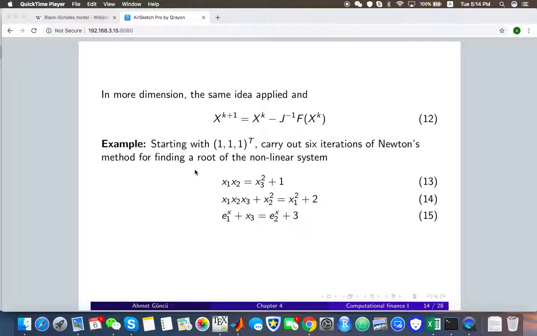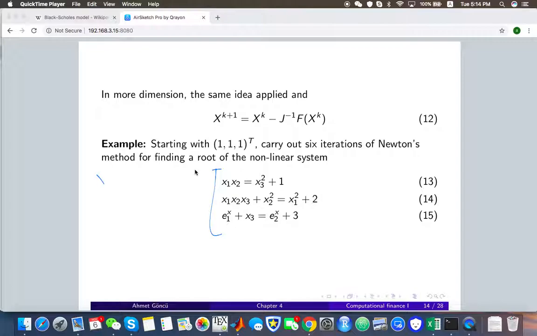Let's see an example. In our example here, we have three nonlinear equations and three unknowns, x1, x2, and x3. How can we solve this system?